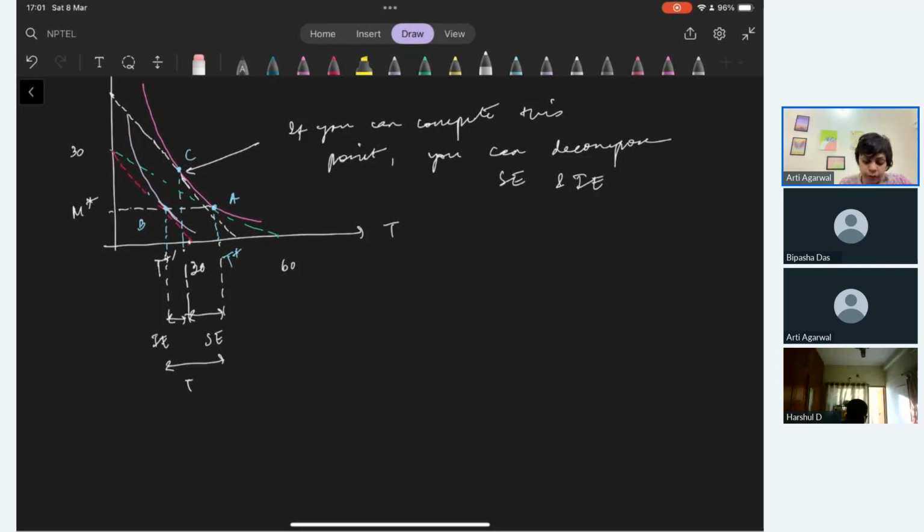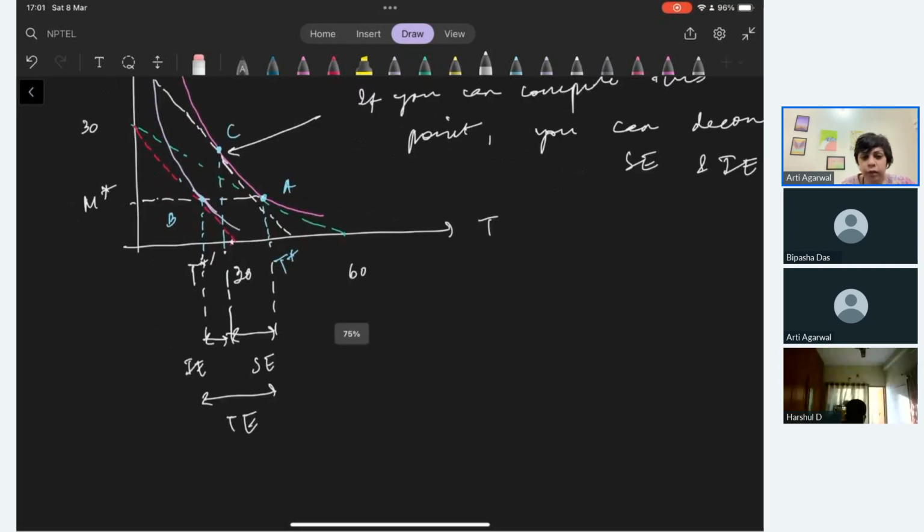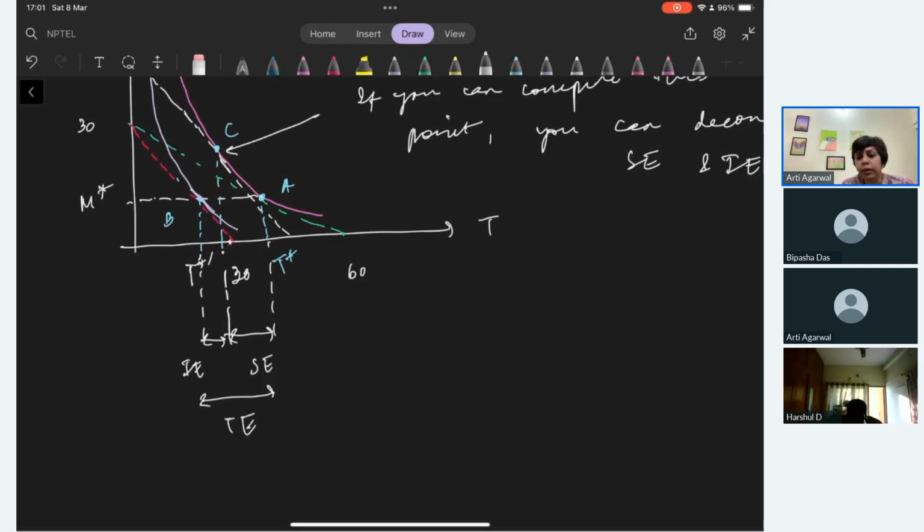Total effect is from T star to T star prime. Let me magnify this a little. This we just computed, right? Initial value 24, final value 12. This we just computed, the total effect. But we don't know how to find this breakup of IE and SE, income effect and substitution effect. So we'll calculate the substitution effect, how? Using the value of utility.